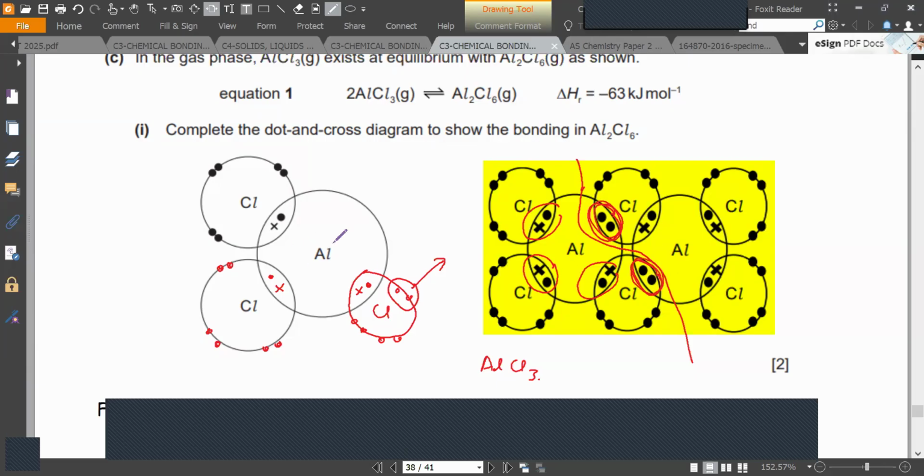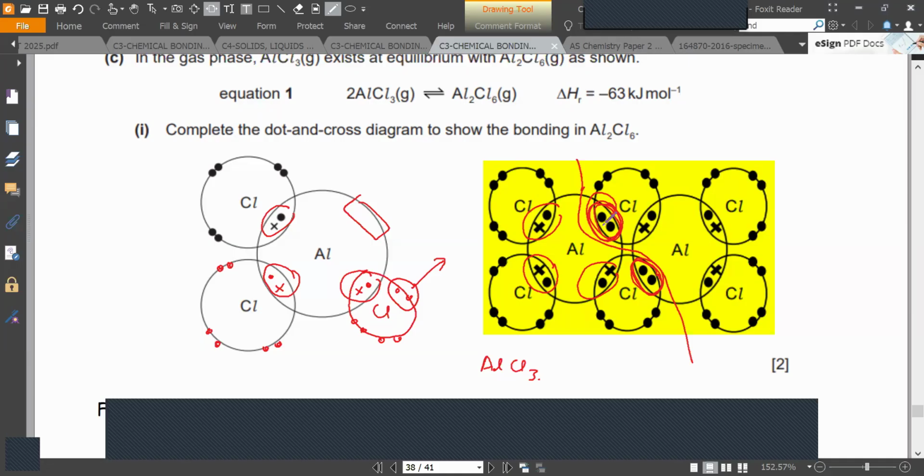Aluminum has only 6 electrons on the outside, so it still has one empty orbital to receive the extra electrons. That's why it can receive the 2 electrons from chlorine. These are the main points, so we just need to make sure we are not confused.